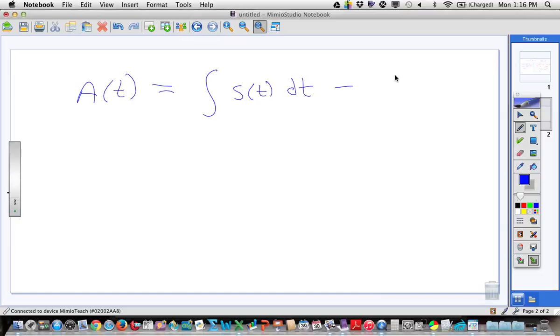Well, we're getting close. Actually, I've got several things wrong. That can't be t. Let's just use R and S for right now. And then this one would be from 0.